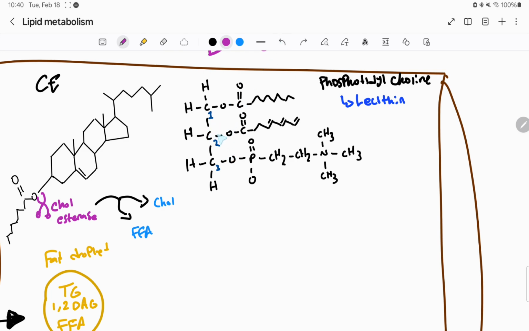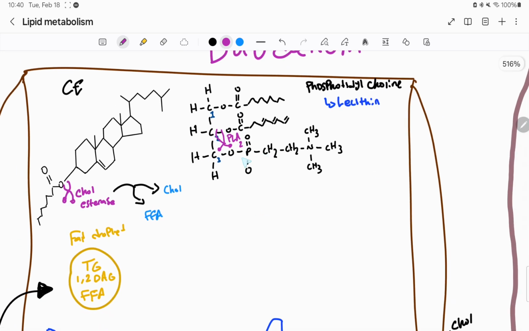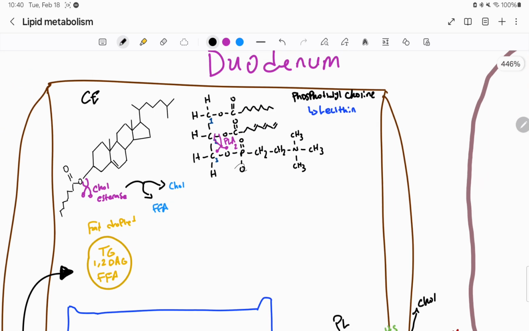Here's that guy right there. From the product of its digestion, we're going to get two things. First, a free fatty acid, and because this is a phospholipid and it's on the second carbon, it's most likely going to be an unsaturated fatty acid, as you can see here.